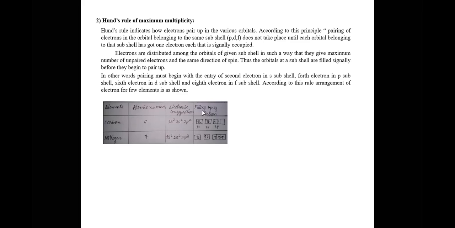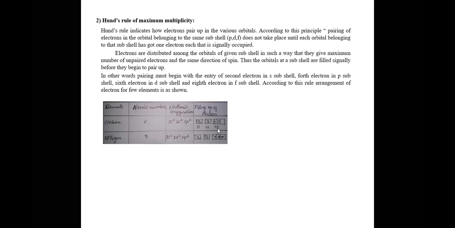We have the 1s orbital, 2s, 2p. First we fill the 1s orbital with one electron, then we start pairing. We have 2 electrons in the 1s orbital, so we pair them. Then 2 electrons in the 2s orbital, and 2 electrons in the 2p orbital.